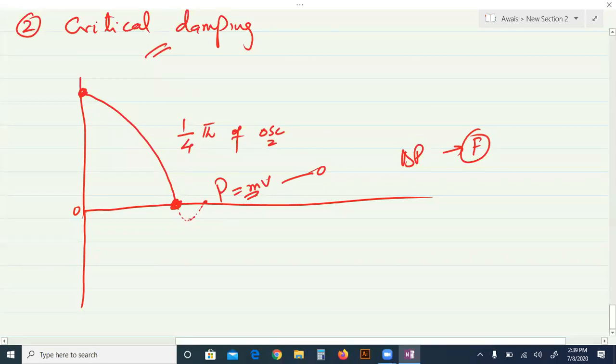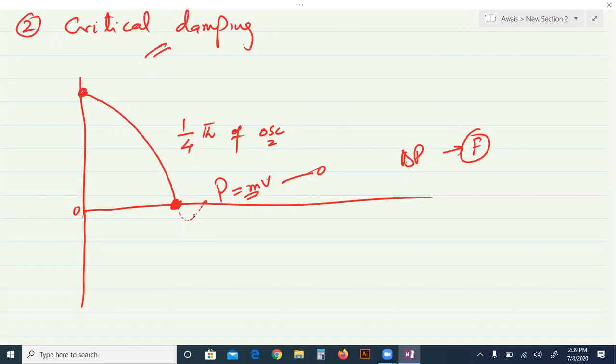So this is the problem with critical damping. We can't stop exactly at the required position due to the change of momentum. The object which is stopping vibrates, goes towards the negative displacement, and then is brought back to the equilibrium position. So this is critical damping.